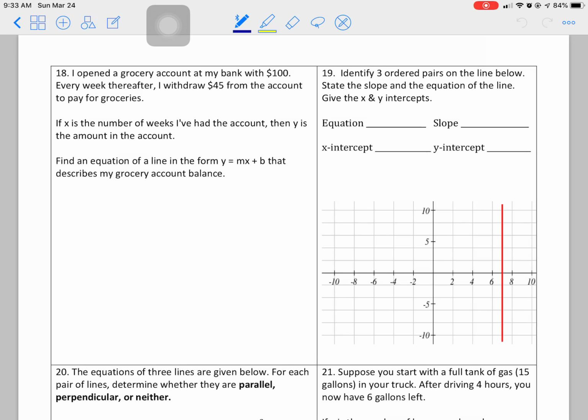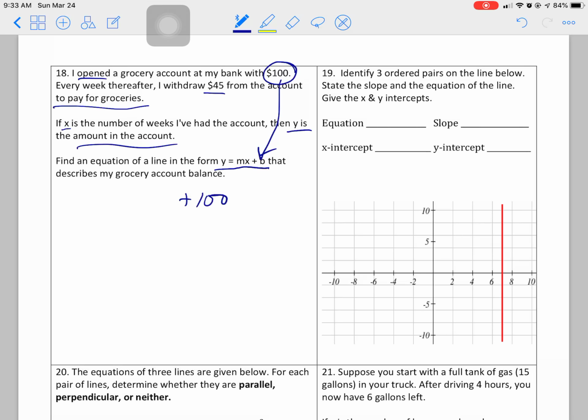Number 18, a grocery store account. I opened the account with $100. I withdrew $45 to pay for groceries. X is the number of weeks I had the account. Y is the amount in the account. Find an equation in this form. So what do you think the 100 is? The 100 is the start, right? So we're putting a plus 100 on the end.